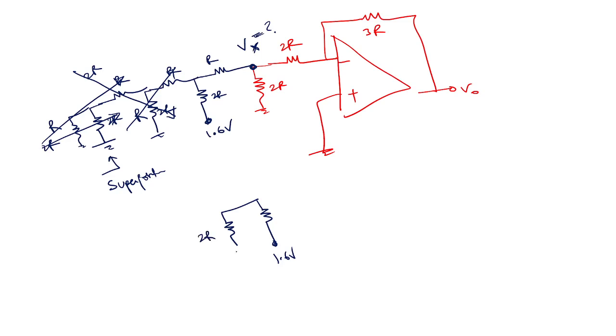So this 2R is coming in parallel to this, then 1.6, then R, then 2R, and according to virtual short, this is also 0, right? My aim is to find this value Vx. Where is that Vx? After R, right? Somehow you need to find this Vx.